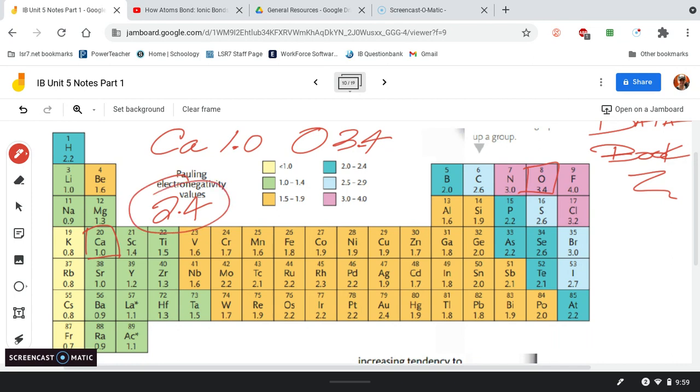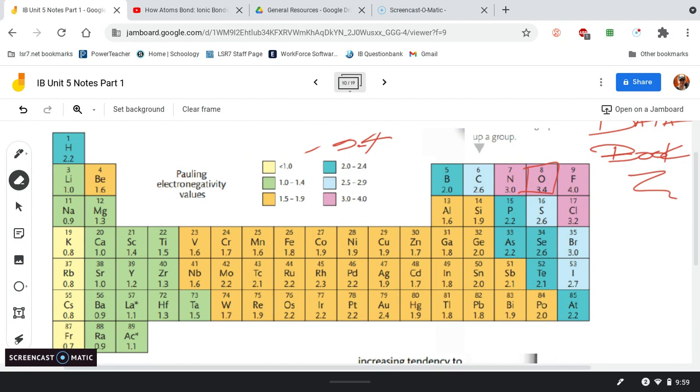The bigger the difference, the more ionic the bond is. So a big difference is very ionic. The smaller the difference, the less ionic the bond is. And then if you have a very small difference, it's not ionic at all.